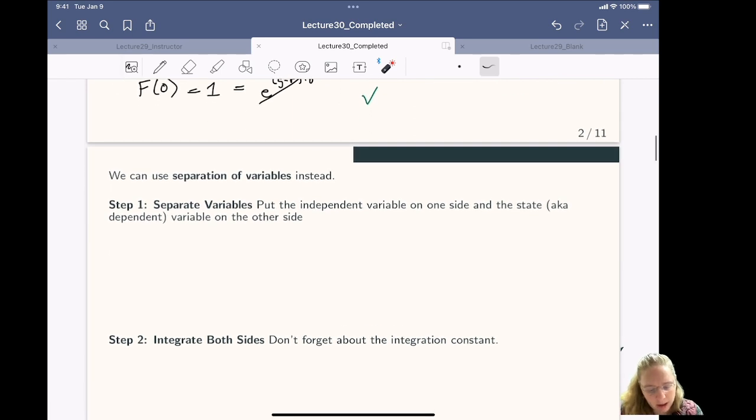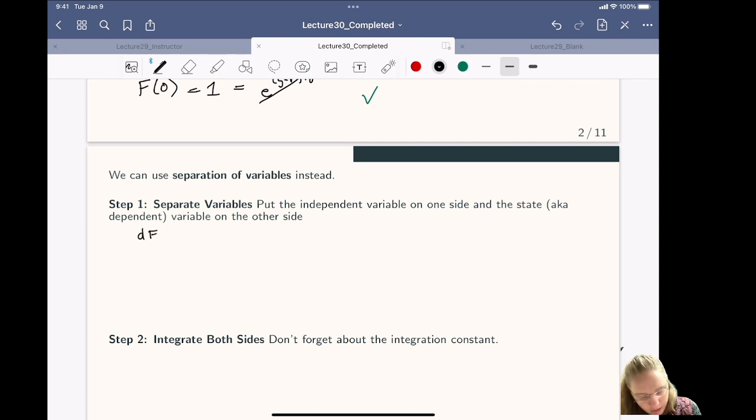And the method that we're going to use is called separation of variables. And this is a very apt name because we're going to end up separating the variables in our differential equation. So let's start with our differential equation. We have df of t dt is equal to g minus r times f of t.